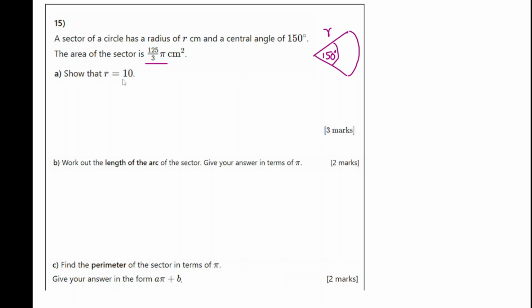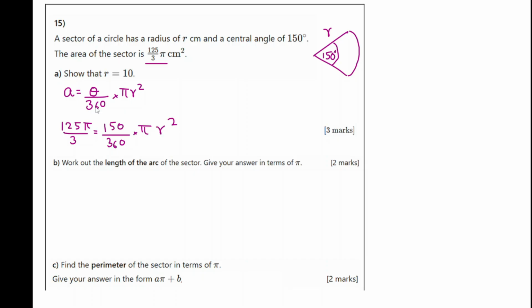Now the formula is area is theta divided by 360 multiplied by pi r squared. Now let's substitute the values. 125 pi divided by 3 is equal to 150 degrees divided by 360 degrees multiplied by pi times r squared.